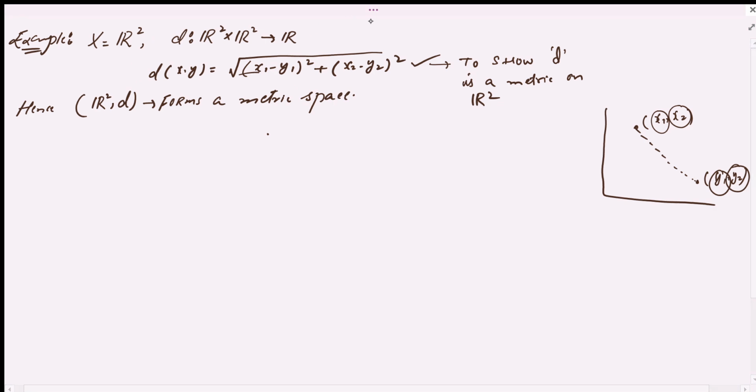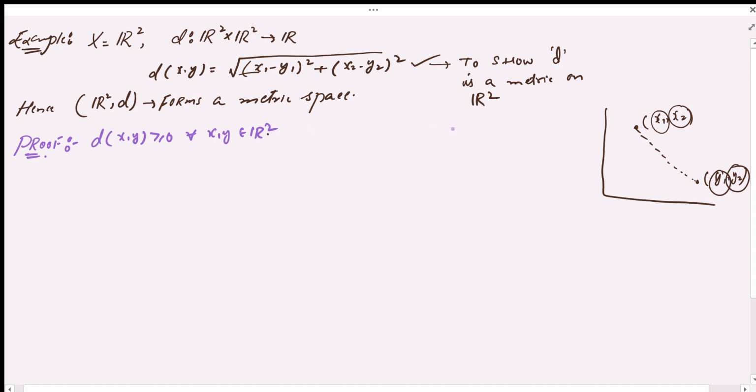Let me show you the proof. Let us go through the proof of this theorem. Actually it is an example. The very first thing that we need to show is d(x, y) must be greater than or equal to 0 for all x, y belonging to R square. Before proceeding, let me make it more simple.